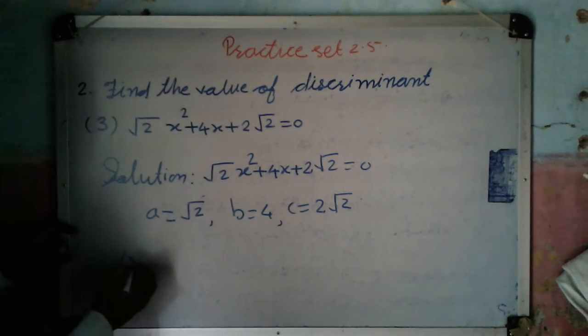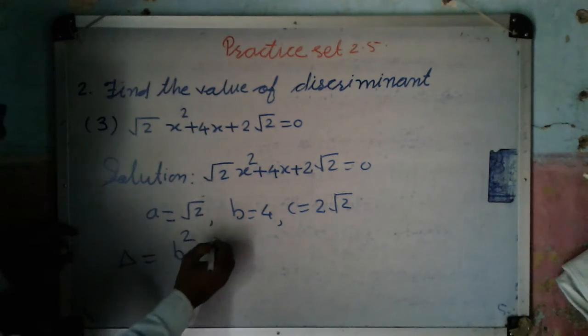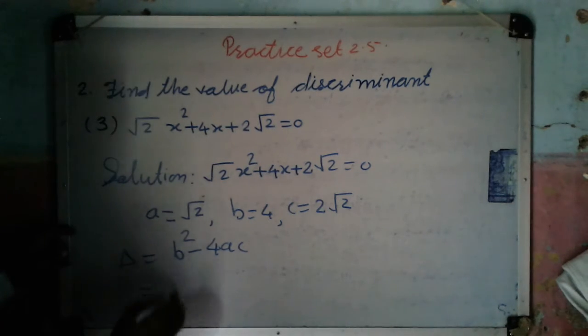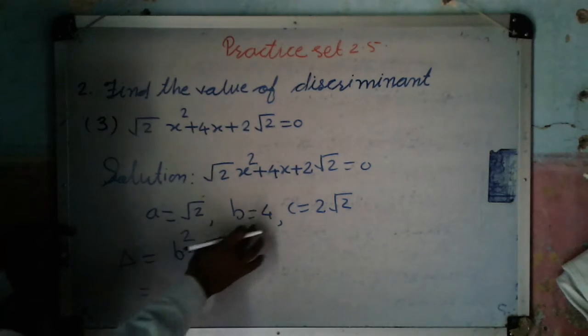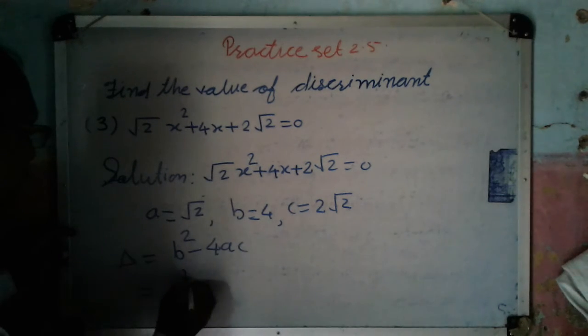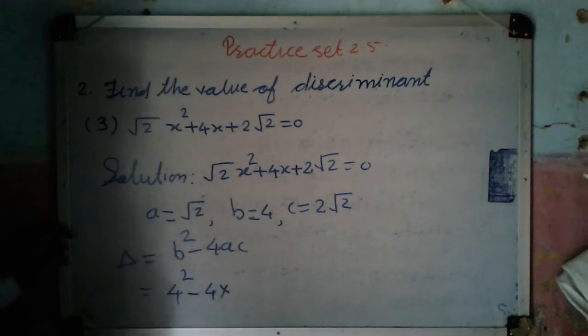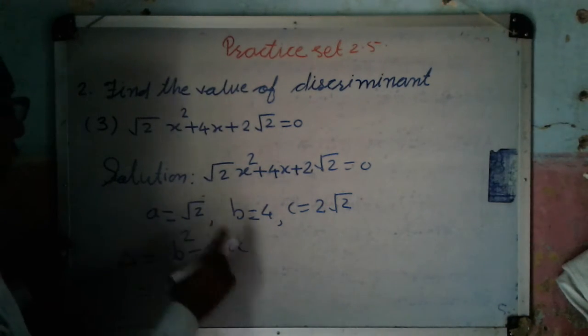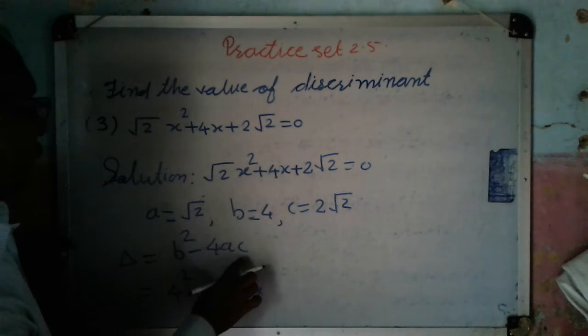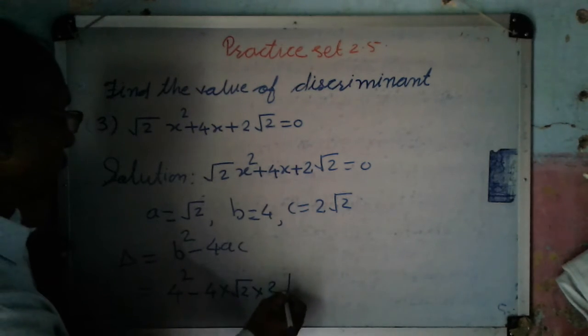Now discriminant delta is equal to b square minus 4ac. So put the values here. B is equal to 4, that means 4 square minus 4 into value of a, root 2, into value of c, 2 root 2.